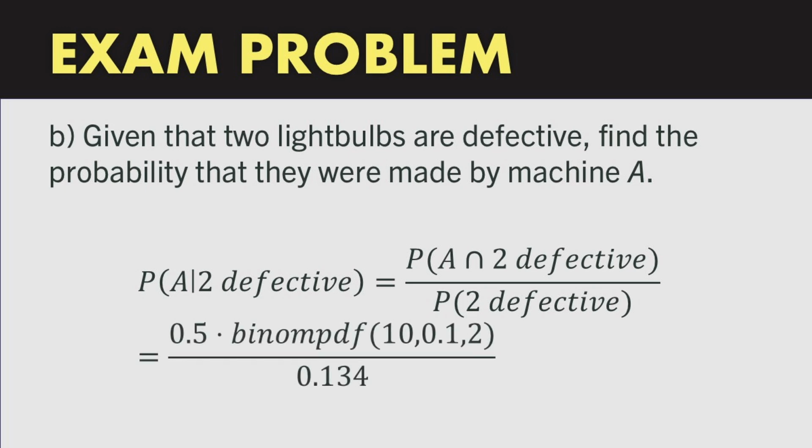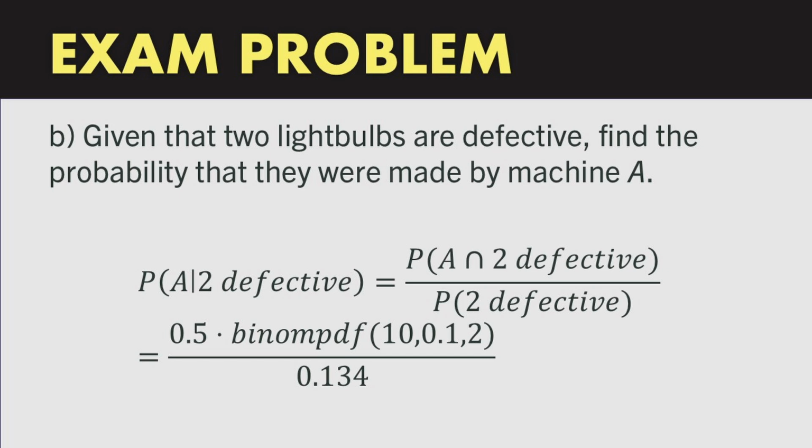The probability of 2 defective light bulbs is the one we calculated in part A, so it's 0.134. And then the probability of choosing machine A and at the same time getting 2 defective light bulbs in machine A is 0.5, because that's the probability of choosing machine A, they're equally likely, so 0.5 times the binomial probability of the variable when x equals 2.